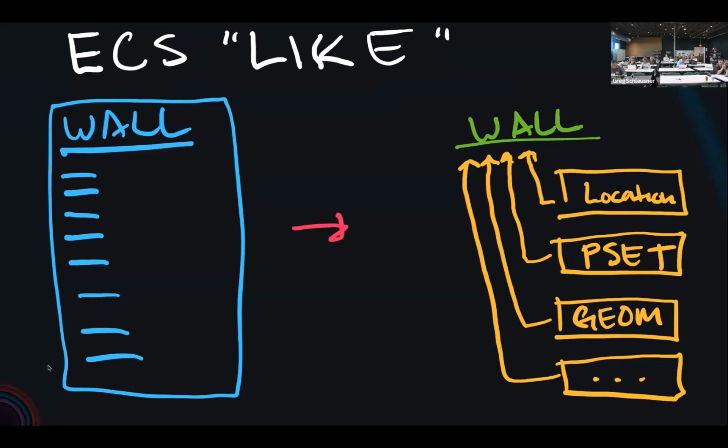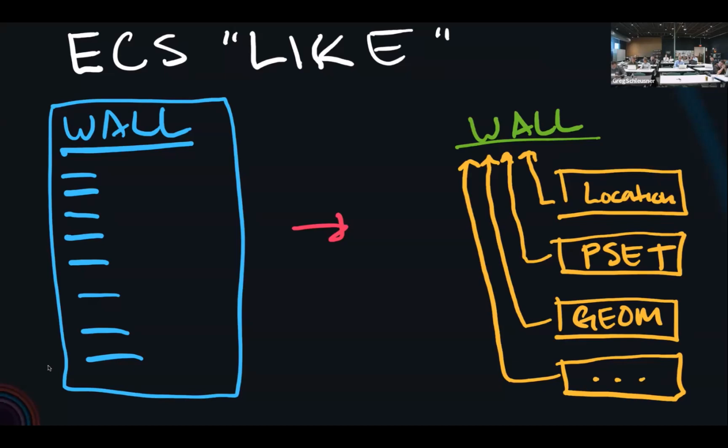Generally, when you look at how things are being stored in a file, it's very difficult to break them apart. PSETs don't even have units. Everything that doesn't have a unique identifier, like geometry, doesn't have its own unique identifier.